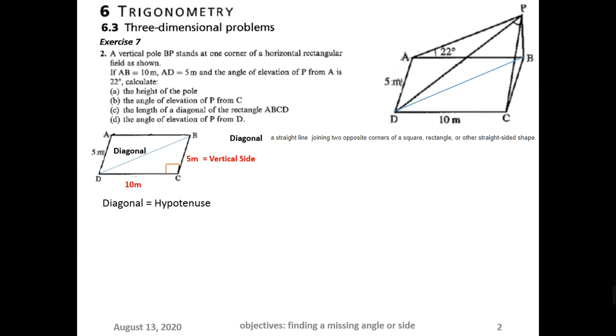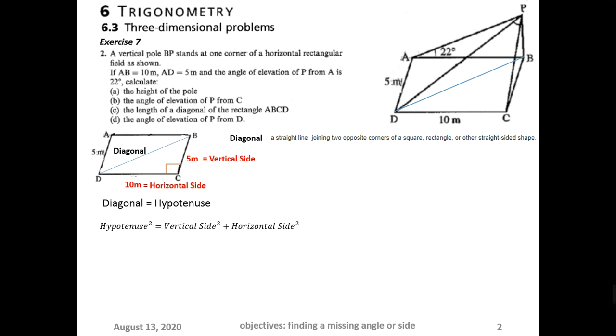Before we talk about the Pythagorean theorem, this is the vertical side of the right angle triangle, and this is the horizontal side of right angle triangle BCD. Now let's write the Pythagorean theorem, which states that hypotenuse to the power of 2 is equal to the vertical side to the power of 2 plus the horizontal side to the power of 2.